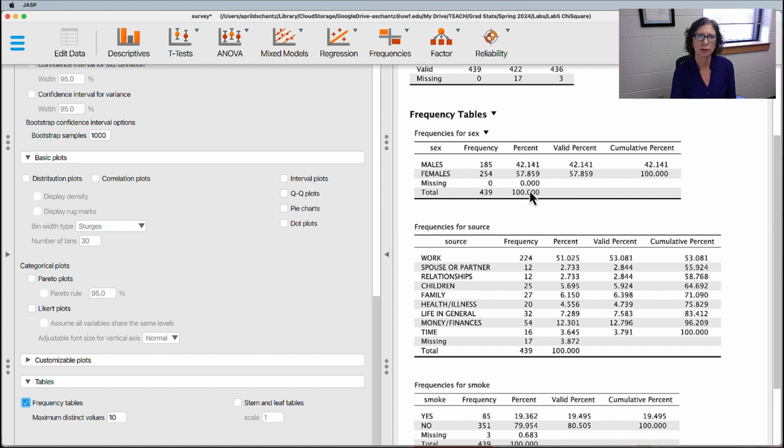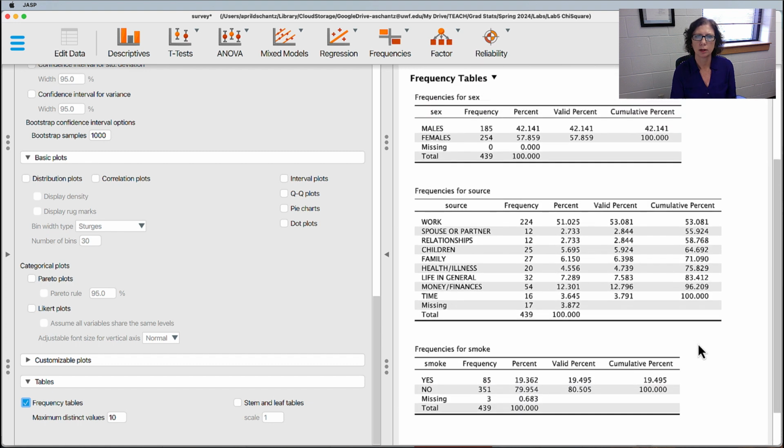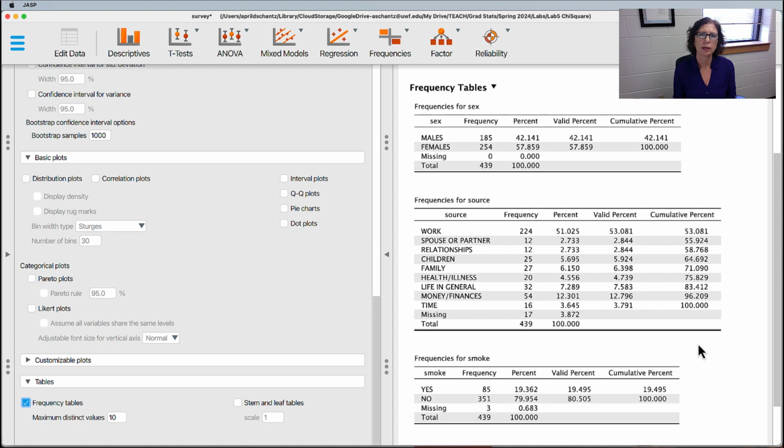If we were looking to also talk about how many did not tell us their gender, then we would work from the percent column. Either way, just be consistent. If you're going to use valid percent, keep doing that for the whole thing. So now we have a lot of information that we can use in describing those categorical variables to our reader.